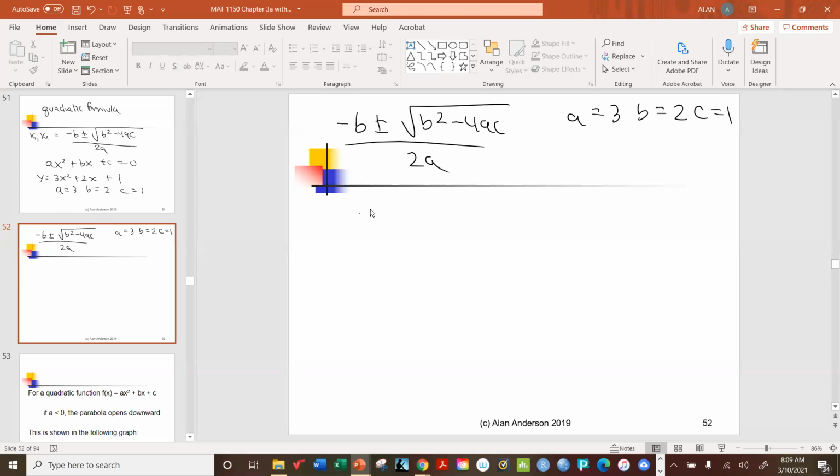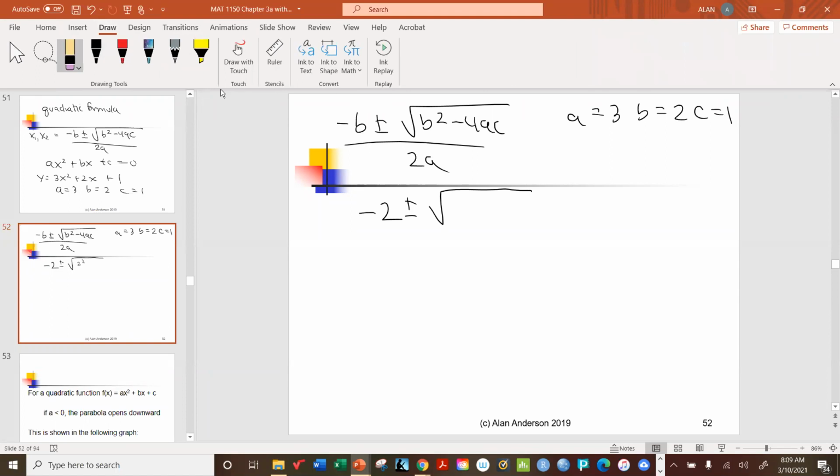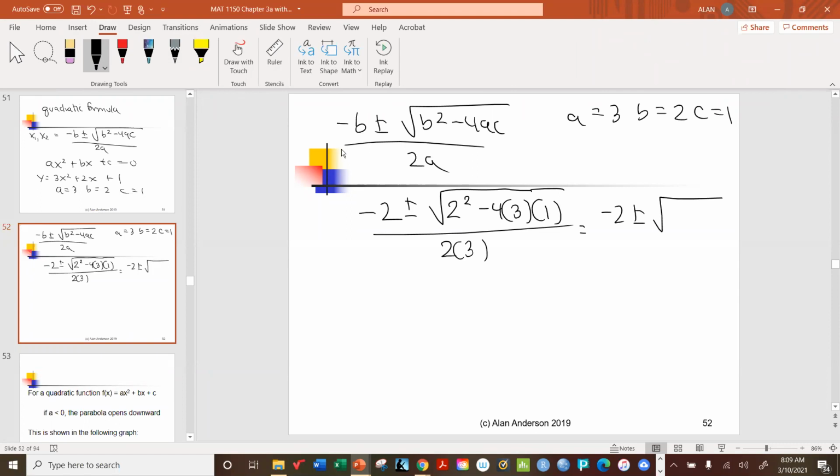So when we plug these in, you'll have minus 2 plus and minus the square root of 2 squared minus 4 times 3 times 1. You can see what's going to happen here. Here we have 4 minus 12.